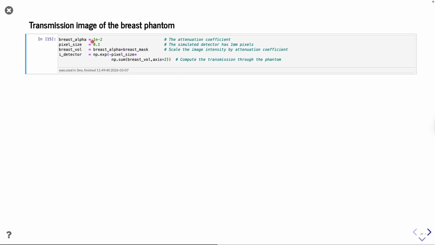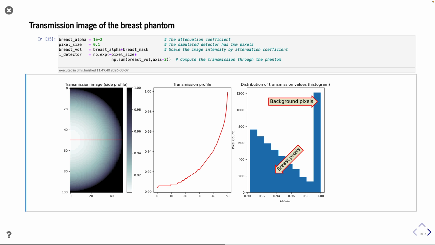Put different values. We have the attenuation coefficient, we have the pixel size, and we have the volume. And then what the detector sees is given by this equation. So that's in principle just a little bit of NumPy with exponentials and sums. And the images we get, so this is the transmission image we see.